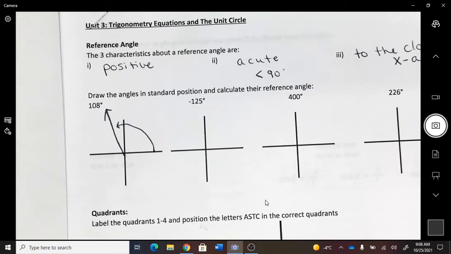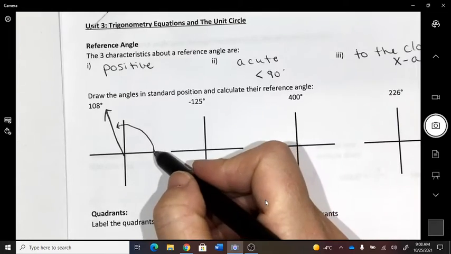In my mind, why did I draw it there? Because I thought, well, 108 is a little bit bigger than 90. So I went up to 90 and then I went a little bit past. I'm not an exact amount. So that's drawing it.